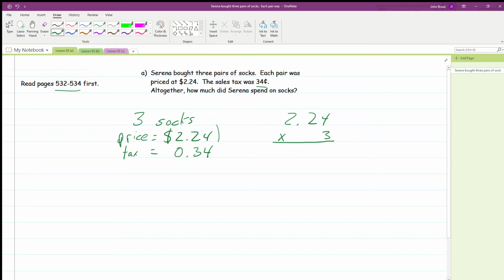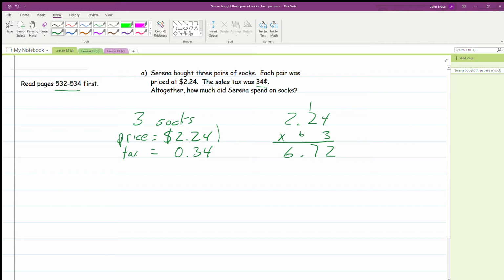So we've got 3 times 4 is 12. We carry our 10 ones to the tens column. 3 times 2 is 6, plus 1 more 10 is 7 tens. We're going to put our decimal here. We want to keep it in the same spot. It goes down there. And then we go 3 times $2 is $6.